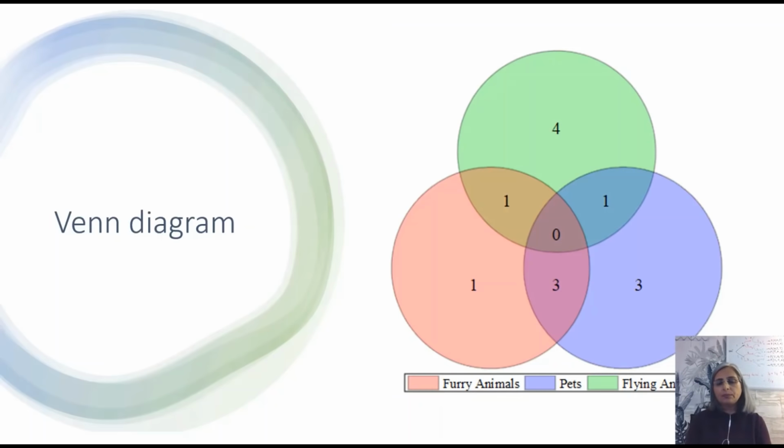Whereas there could be 3 animals alone in the pet section, or 3 animals in both the furry animal section and the pet section. So this is how we interpret information given in a Venn diagram.